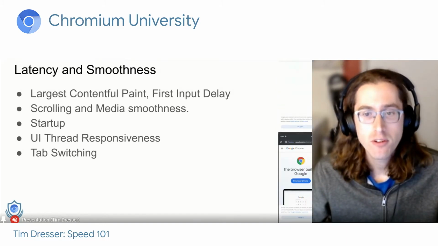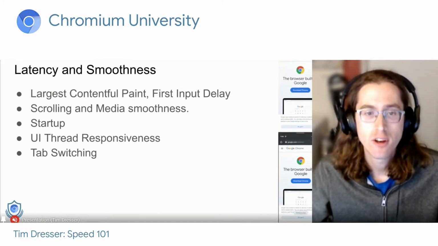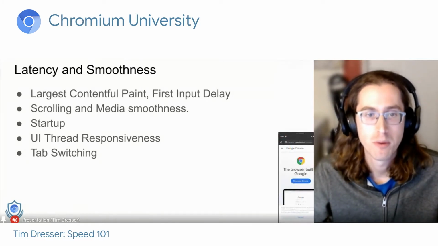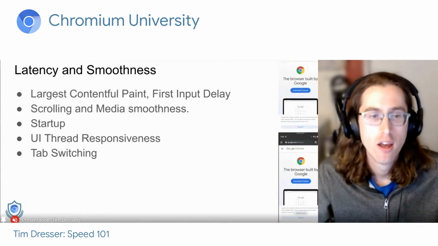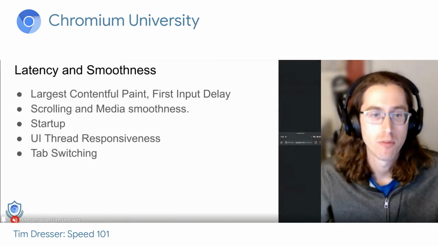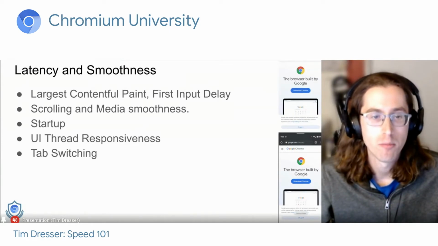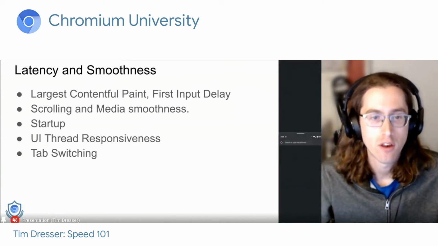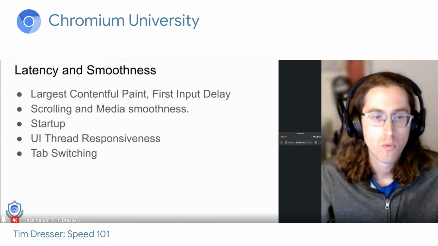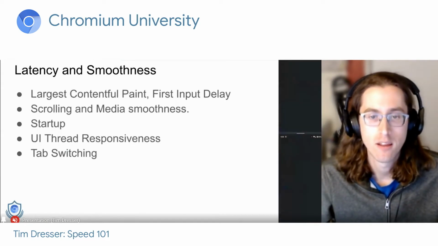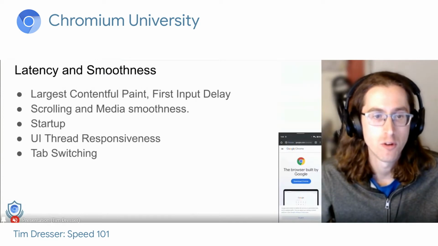The example you can see on the right is from our freeze-dried tab effort, which is an attempt to improve browser startup times by taking a snapshot of a web page and then displaying that snapshot before we've even spun up a renderer process. You can see that in the video at the bottom, as soon as the user taps on Chrome, we're able to show the page snapshot almost immediately, making the browser startup experience feel much lower latency.